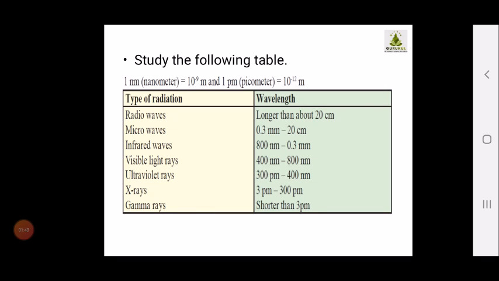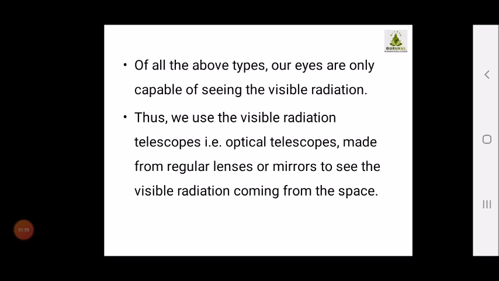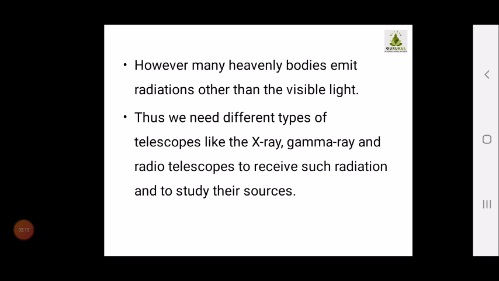This is a table, children. It is given in your textbook, and here it is mentioned what types of radiations there are in the different types of light waves. Of all of these types, our eyes are only capable of seeing the visible radiation. Thus, optical telescopes are made from regular lenses to see the visible radiations coming from space.